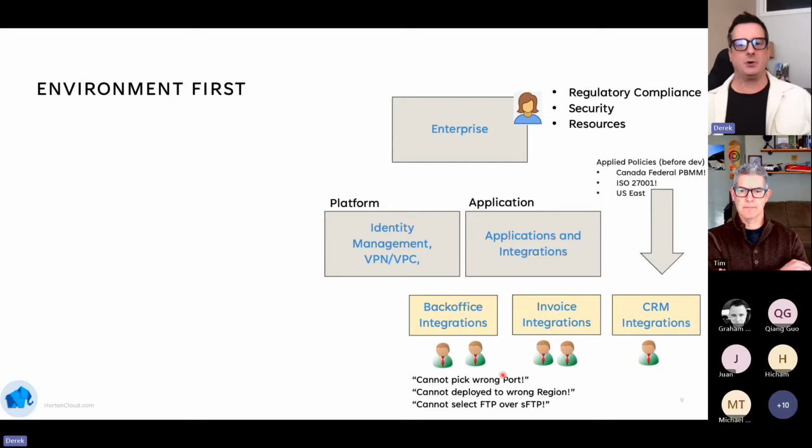But they can't pick the wrong port because we've enforced it all the way down. Maybe it was a part of some compliance, or it's just a security consideration that your organization wants to enforce. They realize, hey, wait a minute, from a resource perspective, I can't deploy this in the wrong region. There's only one region available to me. So I'm constrained at that level. And lastly, it just would have a policy that says you're not allowed to use FTP.